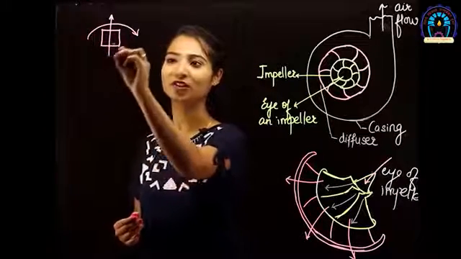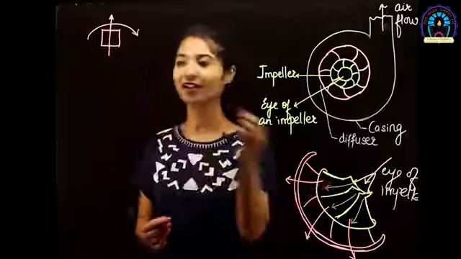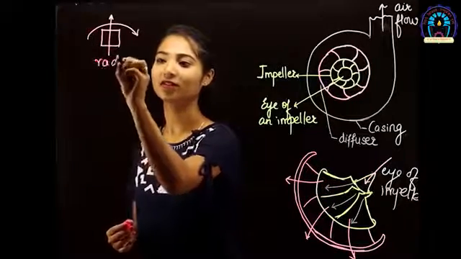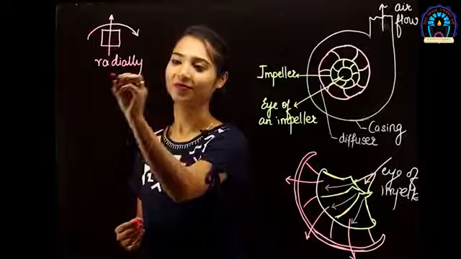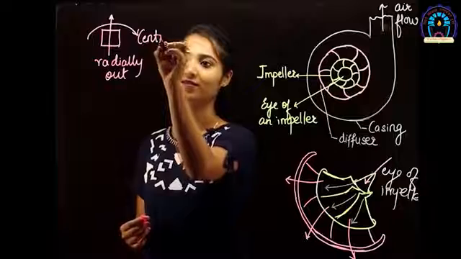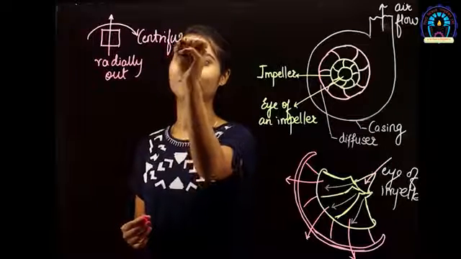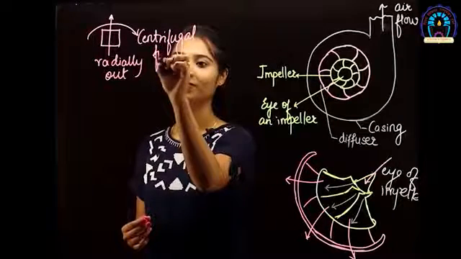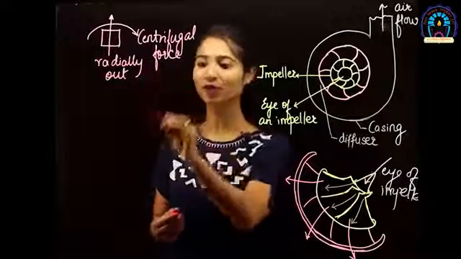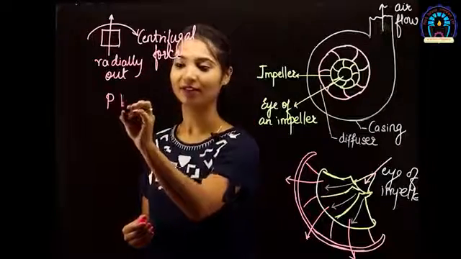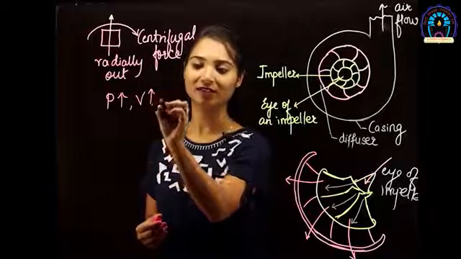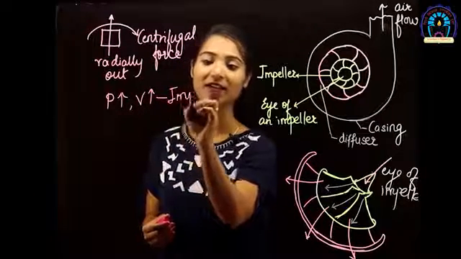So two types of motion are there inside the air movement: one is radially outwards and the other is the centrifugal force. So due to these two types of movement, the pressure increases, and with the pressure the velocity also increases. This happens in the impeller.